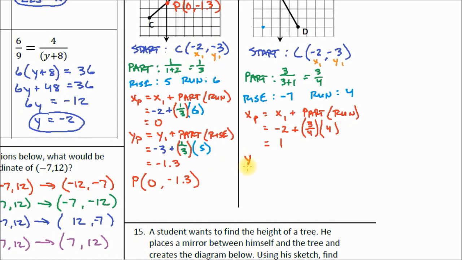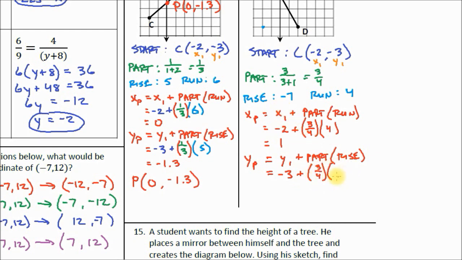Let's go ahead and do our Y value of P. That's equal to Y sub 1 plus the part that we're moving times the rise now, because rise is change in the y-axis. Y sub 1 is negative 3 plus our part, which is still 3/4.